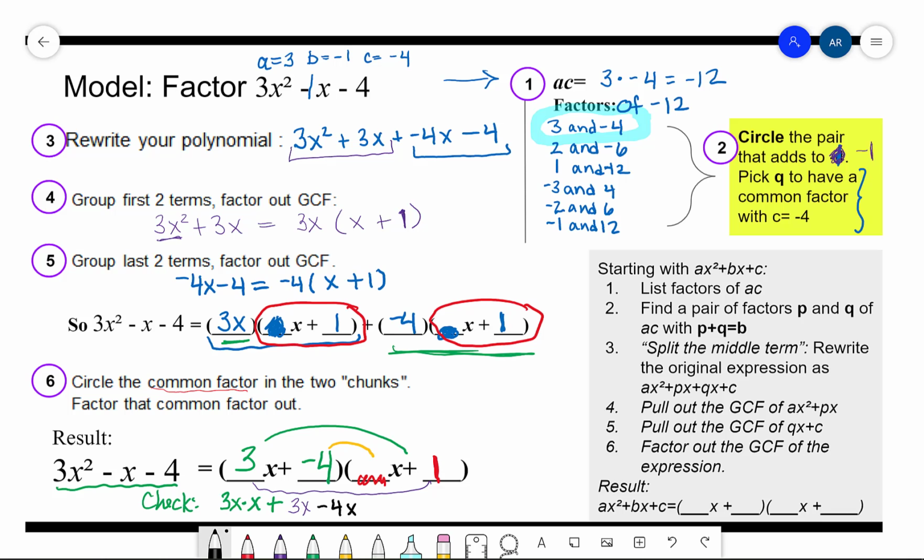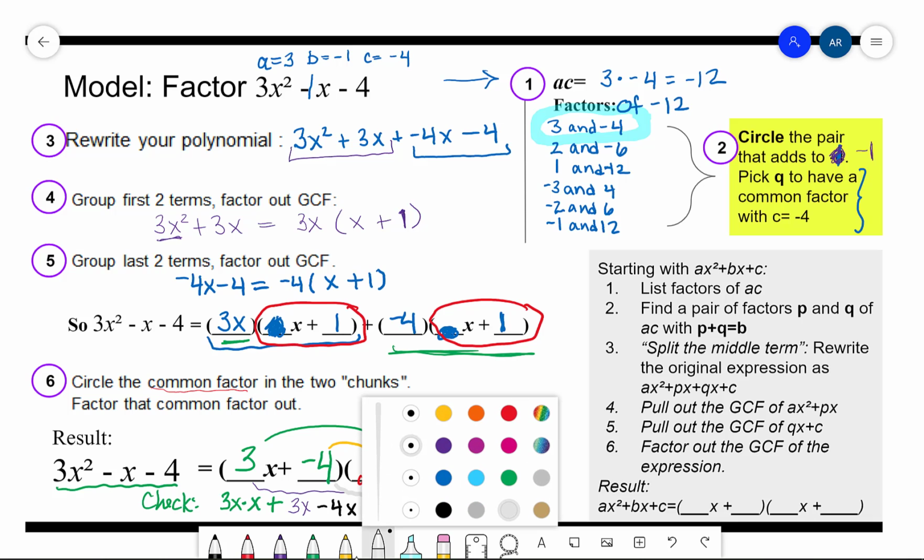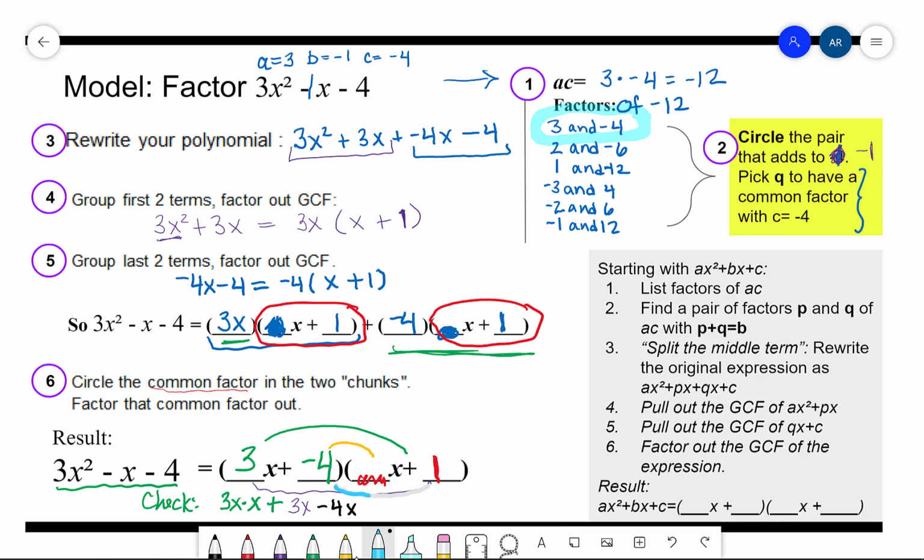And lastly, I'm going to multiply the last two terms, negative 4 times 1, and I would get a negative 4. Now you can see when I combine my terms, it's split back to exactly what I had before. I do get 3x squared minus x minus 4. And so that's my check that I did, in fact, find the right product.